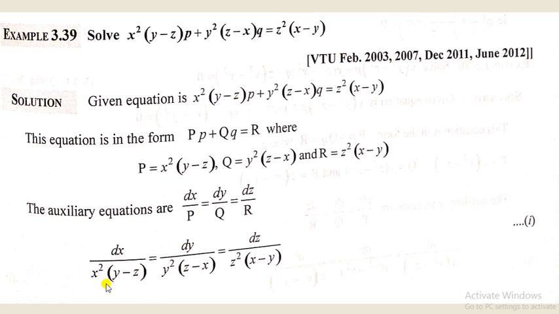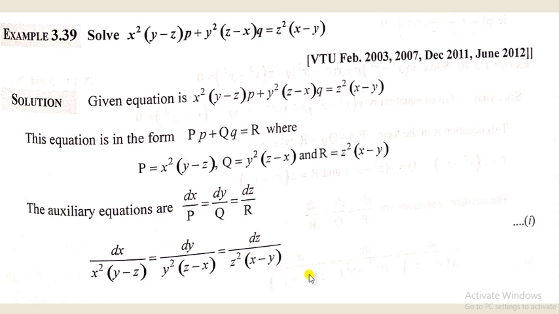So dx by x square into y minus z, dy by y square into z minus x, dz by z square into x minus y. Here we cannot group first and second, or second and third, because the denominator terms contain x, y, z together. So the variable separable method is not applicable, and we have to use multipliers.